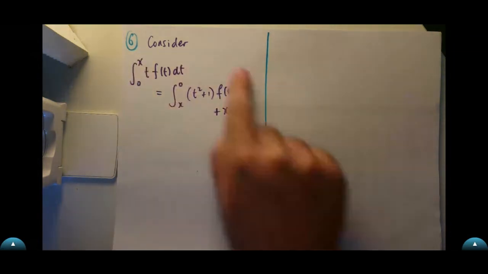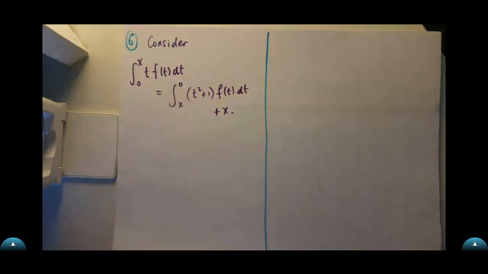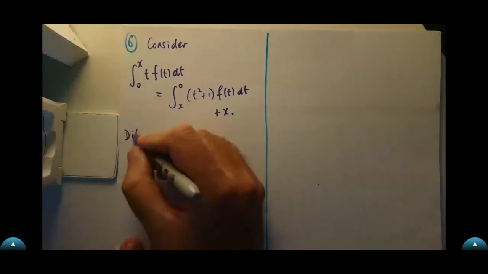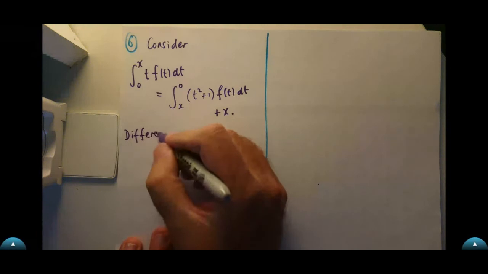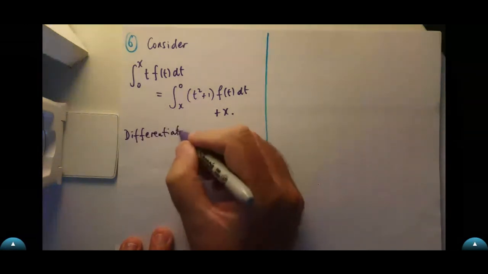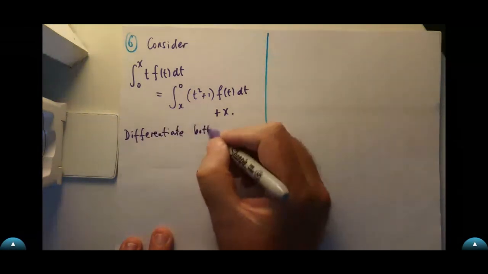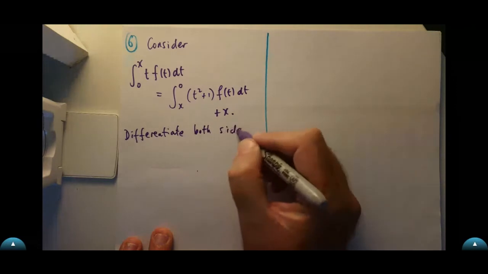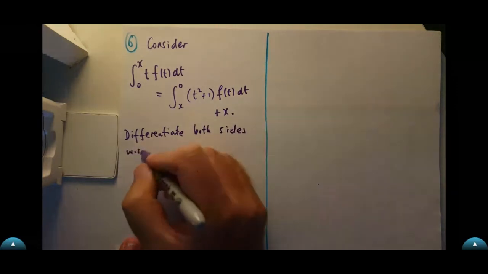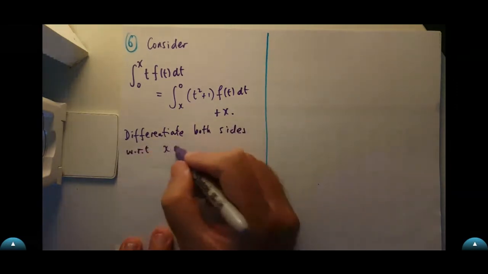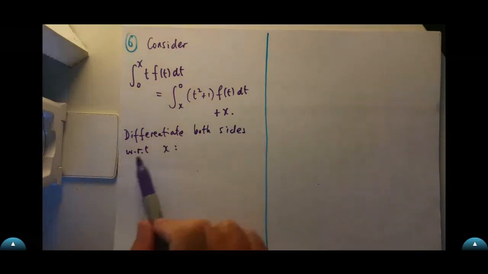What we can start doing is differentiate both sides of the equation, right? So differentiate both sides with respect to x. Okay, WRT, with respect to.